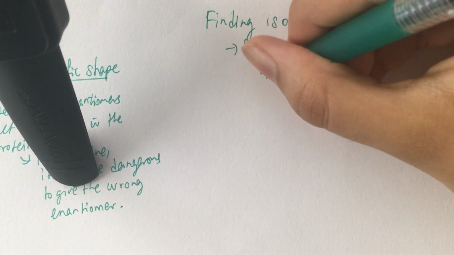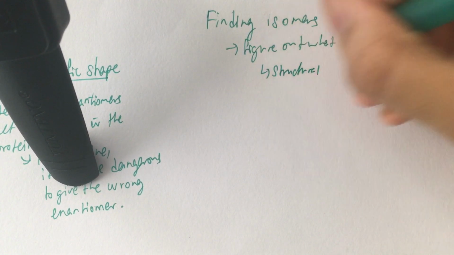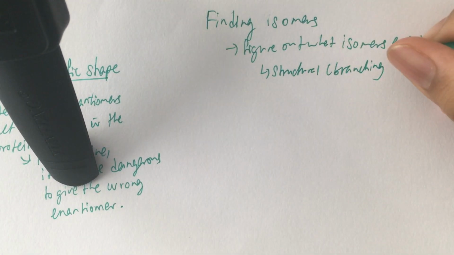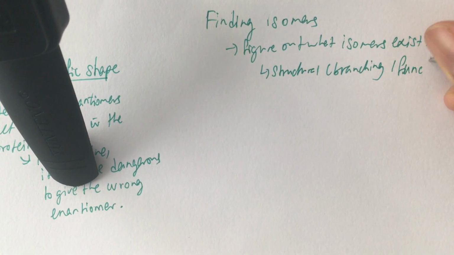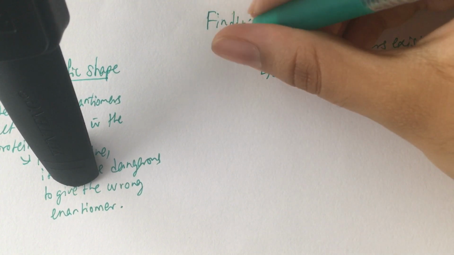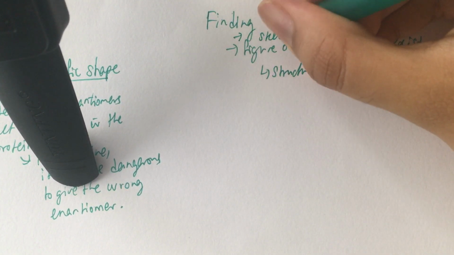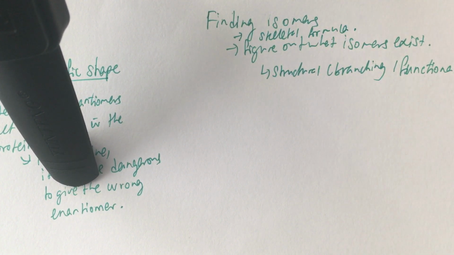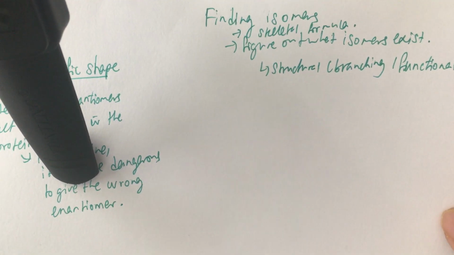Well, you just need to look at the molecule first of all. If it's not drawn out for you, then you should probably do that yourself. Do the displayed formula or the skeletal formula at the very least, because you need to see if there's any double bonding or if there are any chiral carbons, and drawing out the skeletal formula at the very minimum will definitely help you with doing that.